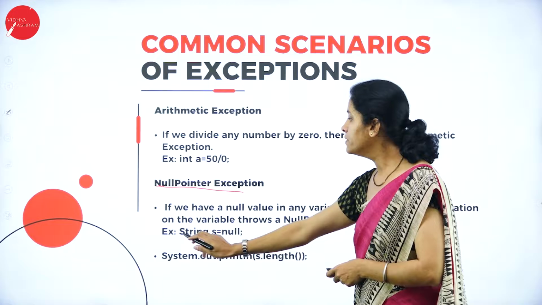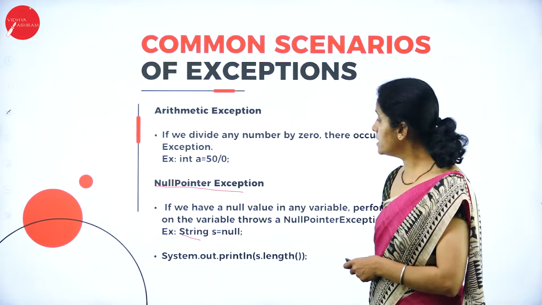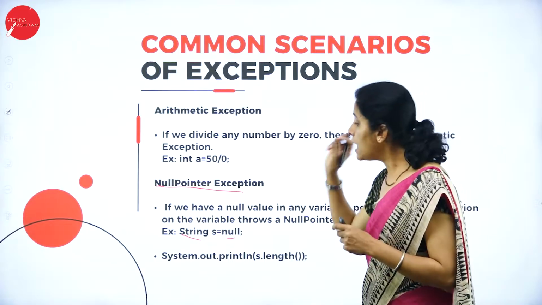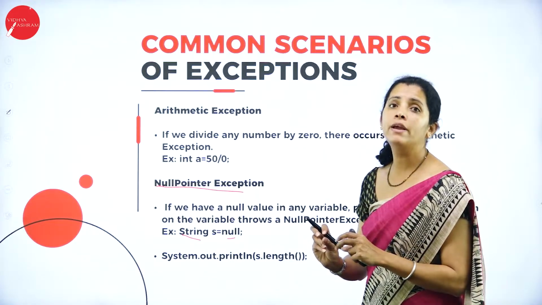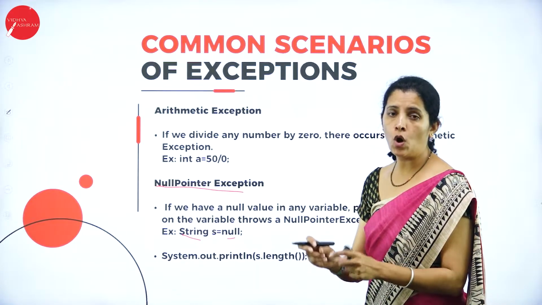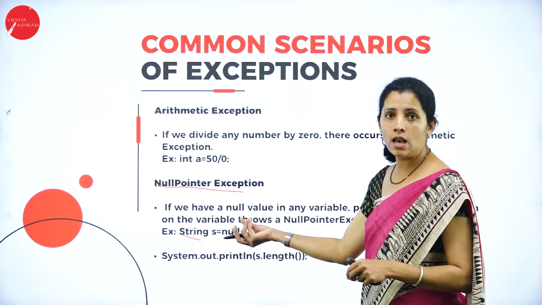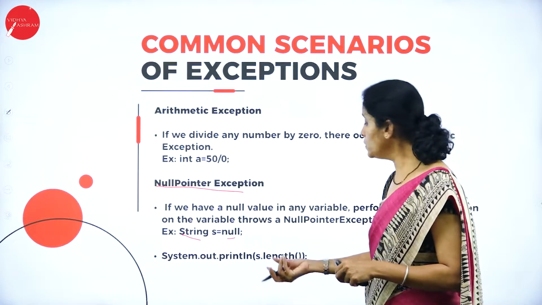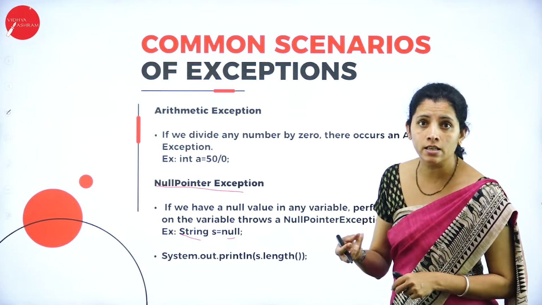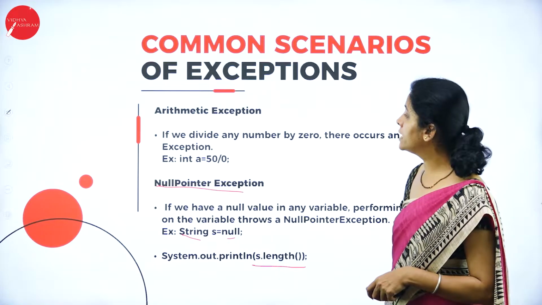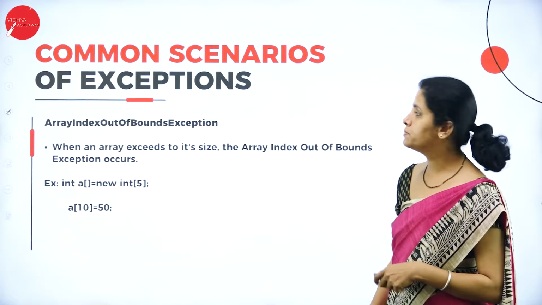So here I'm going to create a string s and I'm assigning null. So now s does not have any value or any character, but it holds a null value, and I'm trying to get the length of the string. When I try to get the length of the string, I am going to get a null pointer exception.